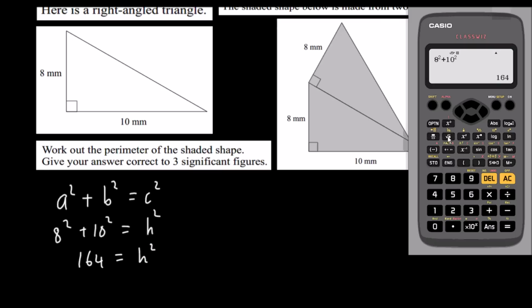So the hypotenuse squared is 164. So square root that, and we get the hypotenuse, which is 12.81 millimeters.